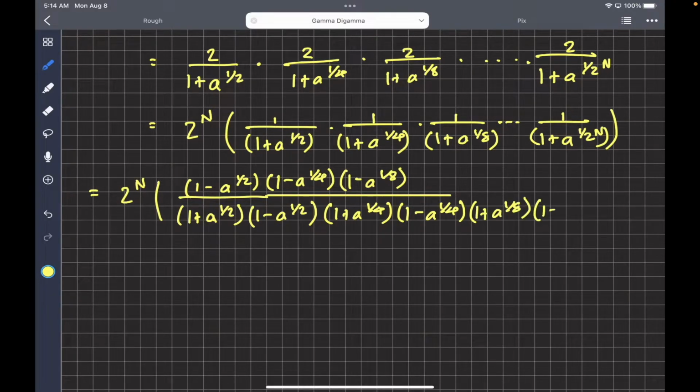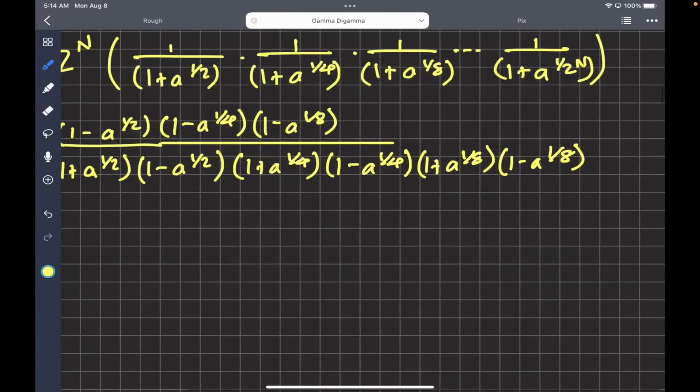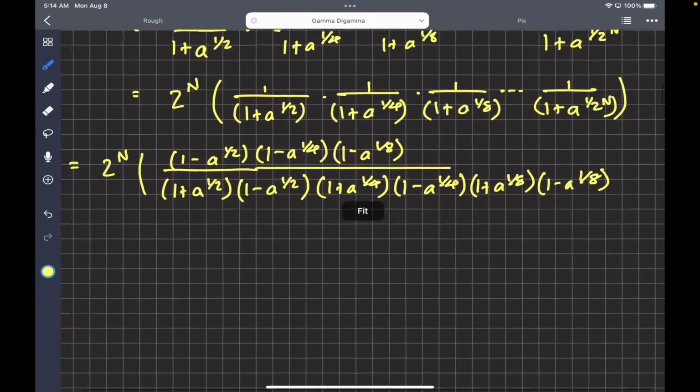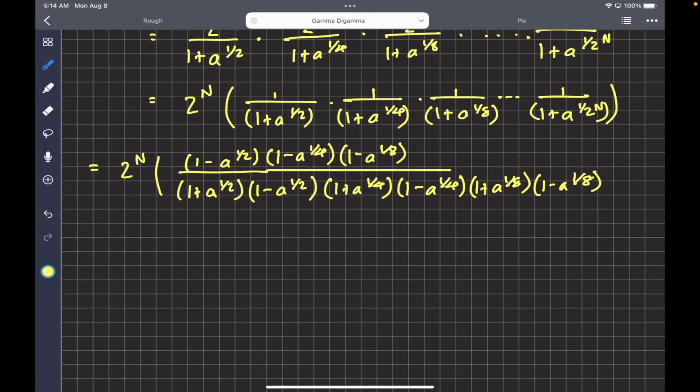It doesn't matter. And then of course the very last term will be 1 minus a to the 1 over 2 to the capital N.